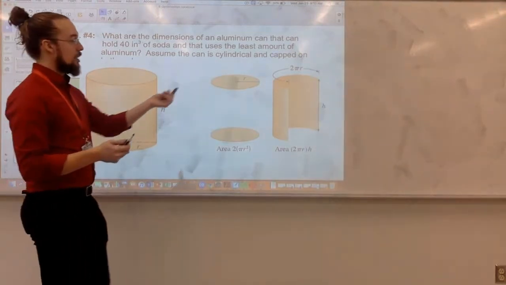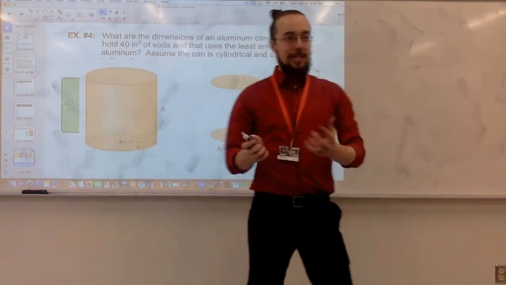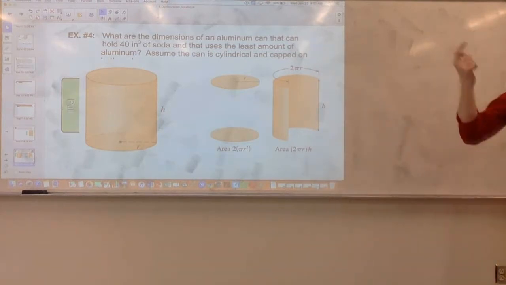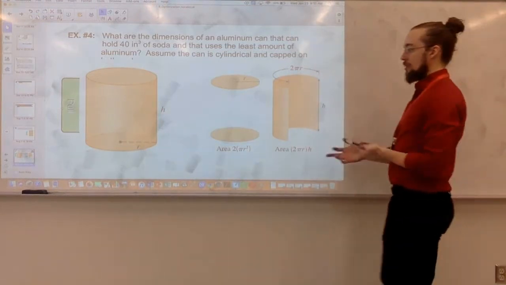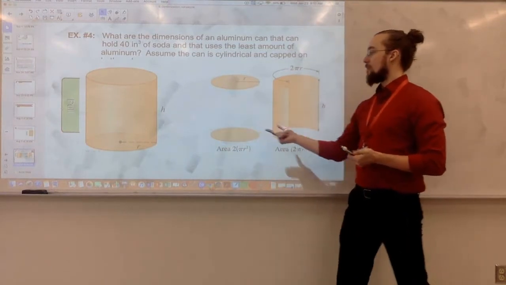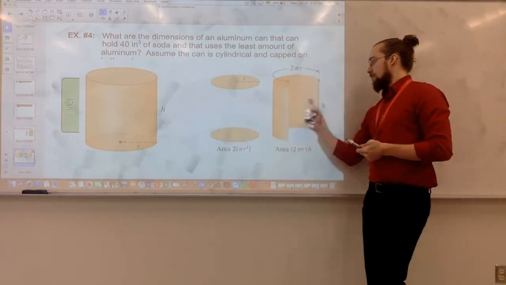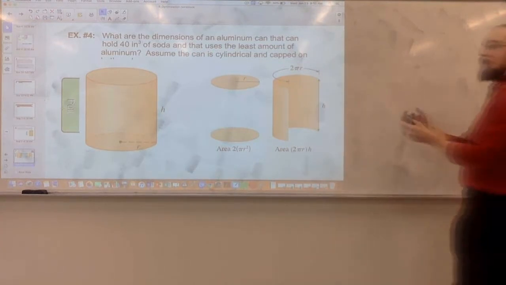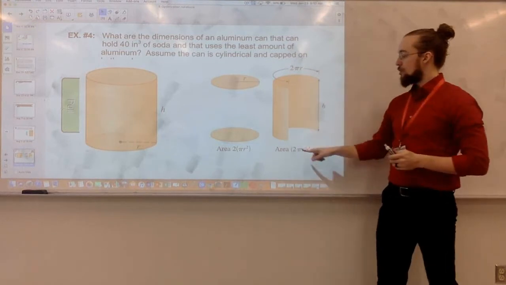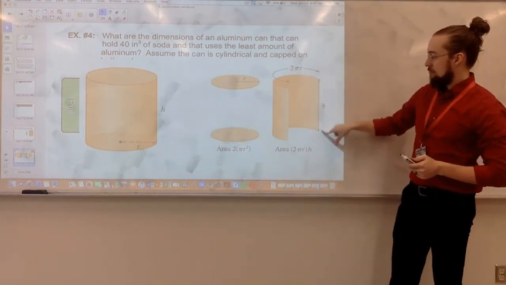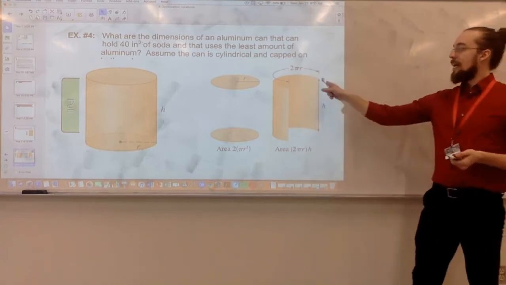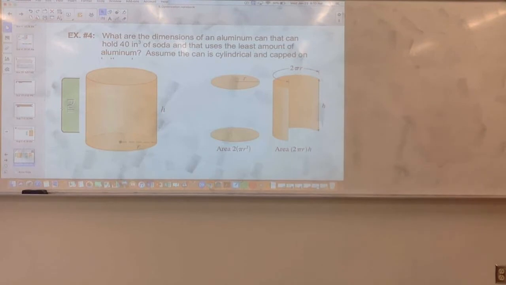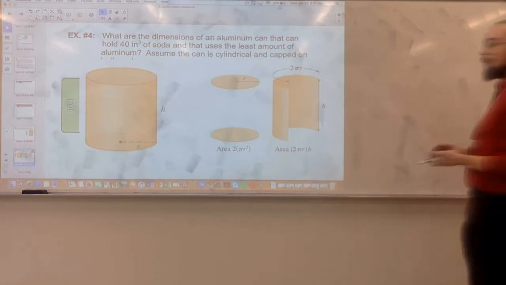Well, if we remember, surface area of a cylinder, I'm just collecting all of the pieces. So the top and the bottom are just circles. Right? So I'll have pi r squared twice, so 2 pi r squared for both the top and the bottom. And then the lateral area is just a rectangle. If I unfold the cylinder, this would just be a rectangle where we'll denote the height with h, and then this side of my rectangle is just the circumference of the circle, which is 2 pi r.